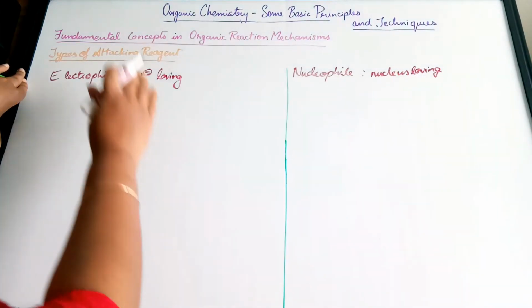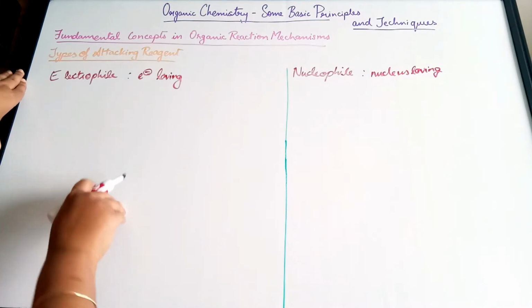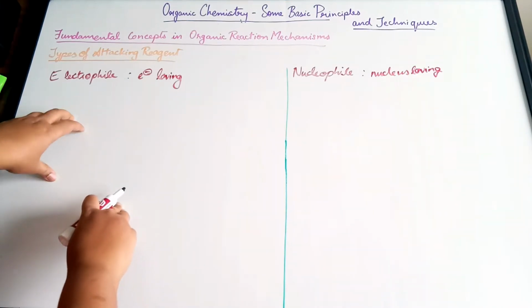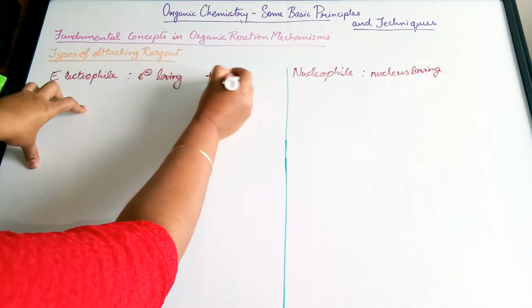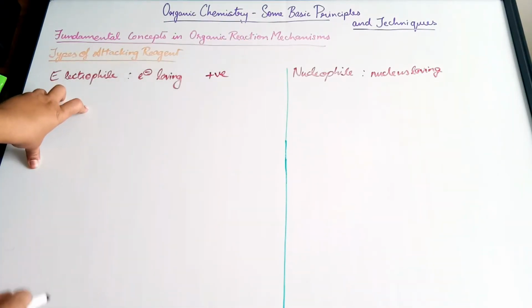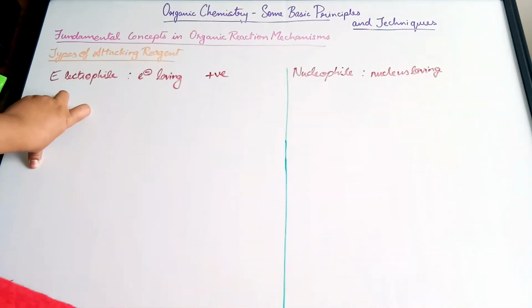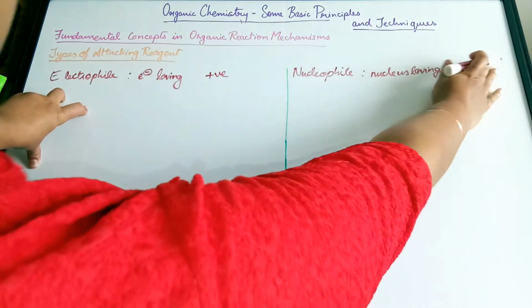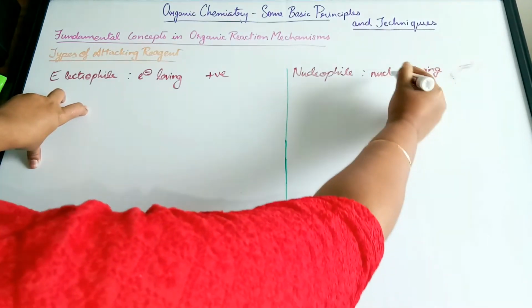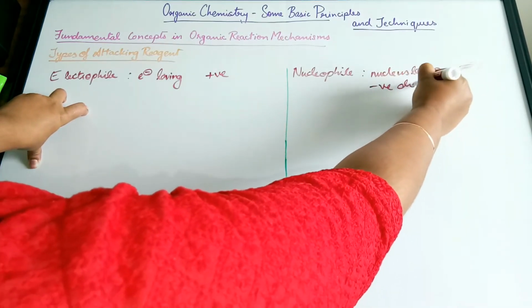So if it is electron loving, it itself should possess a positive charge. So electrophiles have a positive charge, whereas a nucleophile, because it's nucleus loving, will have a negative charge.